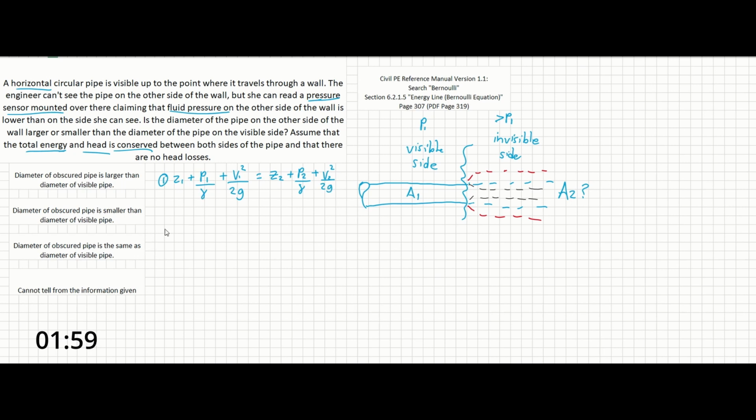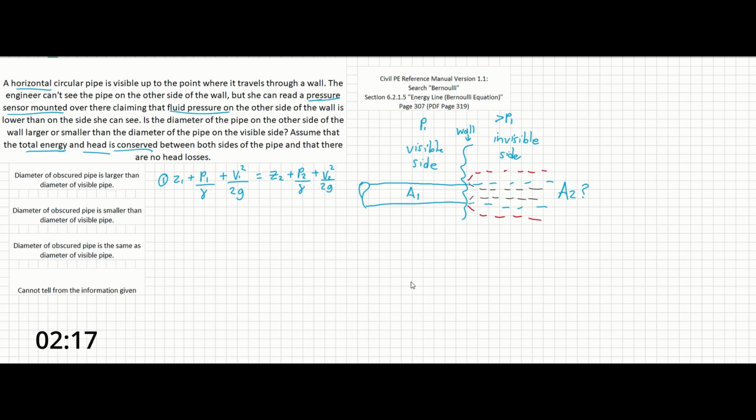In this case, this side of the Bernoulli equation represents the visible pipe that we can see here, and this side represents the invisible side on the other side of the wall.